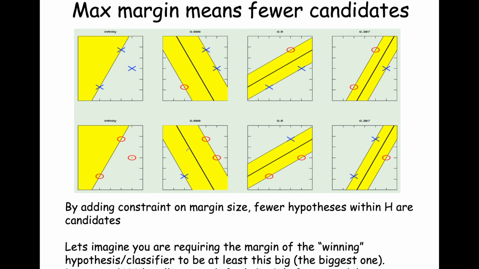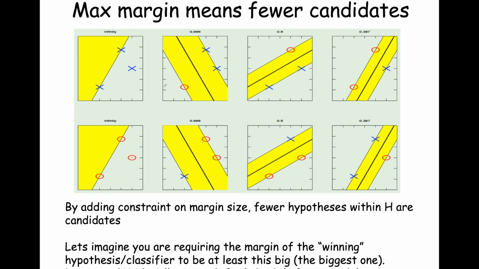be misclassified. And so if we were to put a constraint that says have a minimum size margin associated with the hypothesis, we'd effectively prune away some of these choices of hypotheses that we can have associated with each of these dichotomies. And so if you were requiring the margin of the winning hypothesis to be selected, then you're going to decrease the VC dimension.